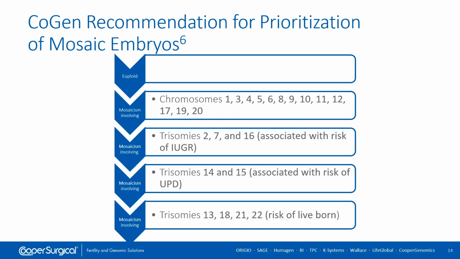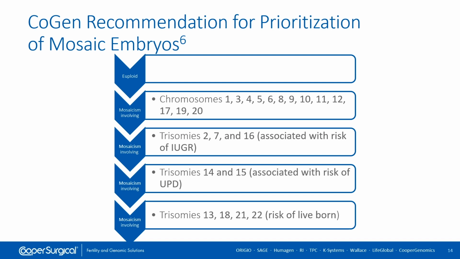Where these guidelines begin to differ is in the chromosomes each society considers to have a risk for an impactful outcome. In this schematic are CoGen's recommendations for how to prioritize embryos for transfer that have mosaic PGTA results. Now, of course, embryos that have a euploid PGTA result should always be considered for transfer over any embryo that has a mosaic finding.